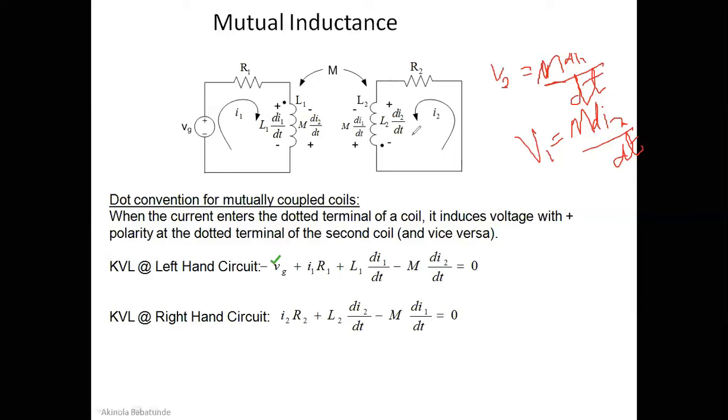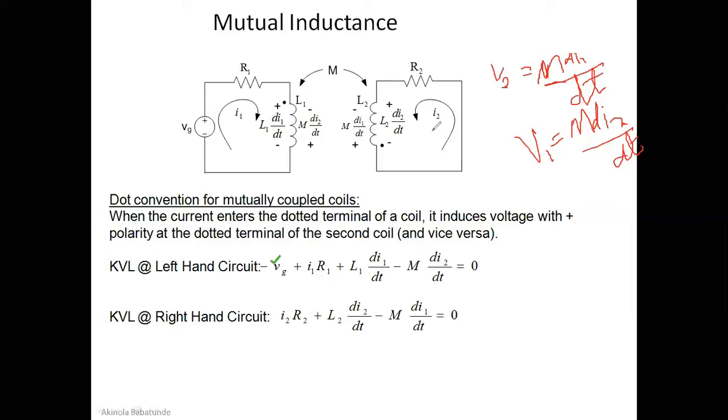The voltage induced by self-inductance on L2 is L2 di2/dt, so you have plus L2 di2/dt. Again, there's another voltage here. This voltage is induced on L2 based on the current I1, so we have M di1/dt.